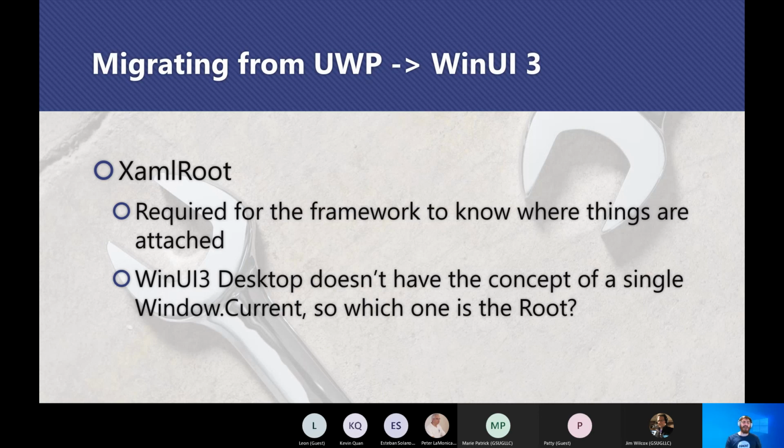So some APIs like window.current just don't exist. That API will return null, and it's very likely that you're just doing window.current.something. That's actually going to throw a null reference exception when your code, especially if you're a library developer, is running in the context of a desktop application. So you have to be very careful.